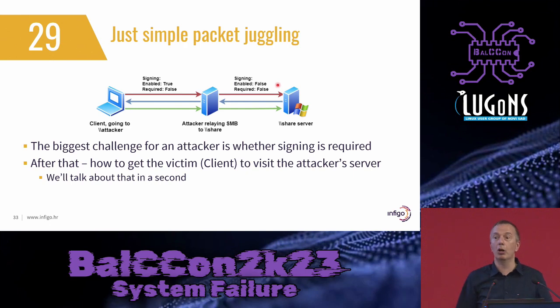So the server will think, oh, this must be some very old client because it doesn't even support signing in the first place. I can change SMB because there is no integrity protection on the SMB level. I can't change NTLM, but I don't care because if I change SMB to not signing supported, then the other server will just authenticate us.